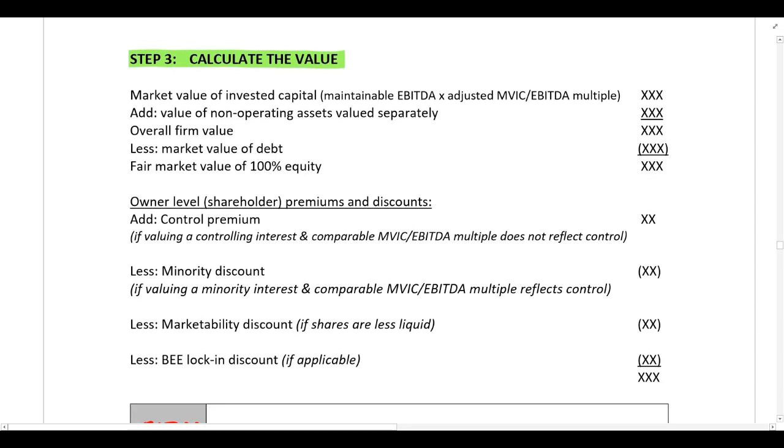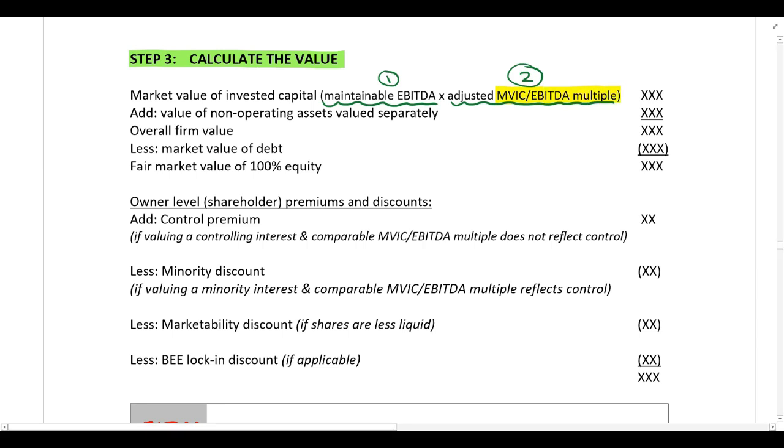Please note, when I use maintainable earnings before interest, tax, depreciation, and amortization from step 1, and I multiply that by the adjusted multiple from step 2, that does not give me the value of equity, because when I calculate this multiple, I do not use equity in performing the calculation.